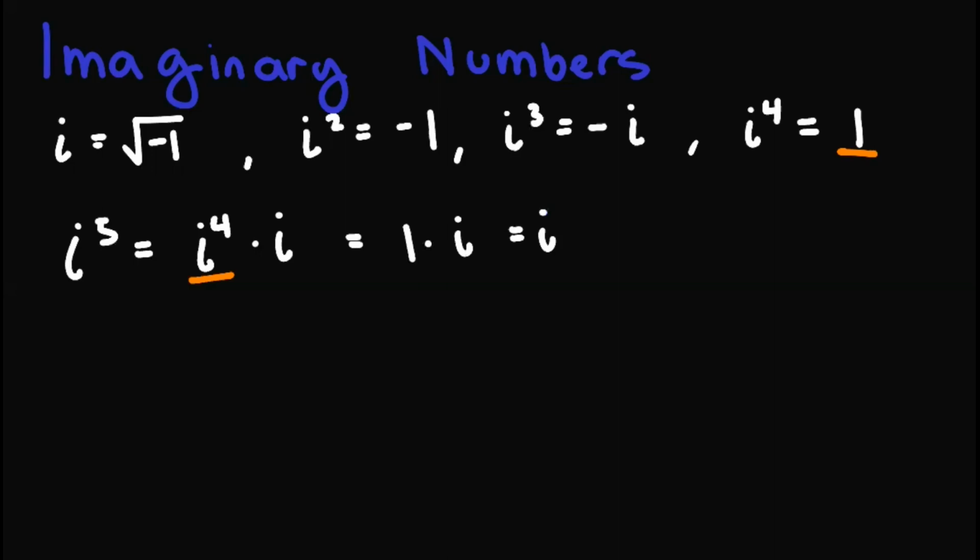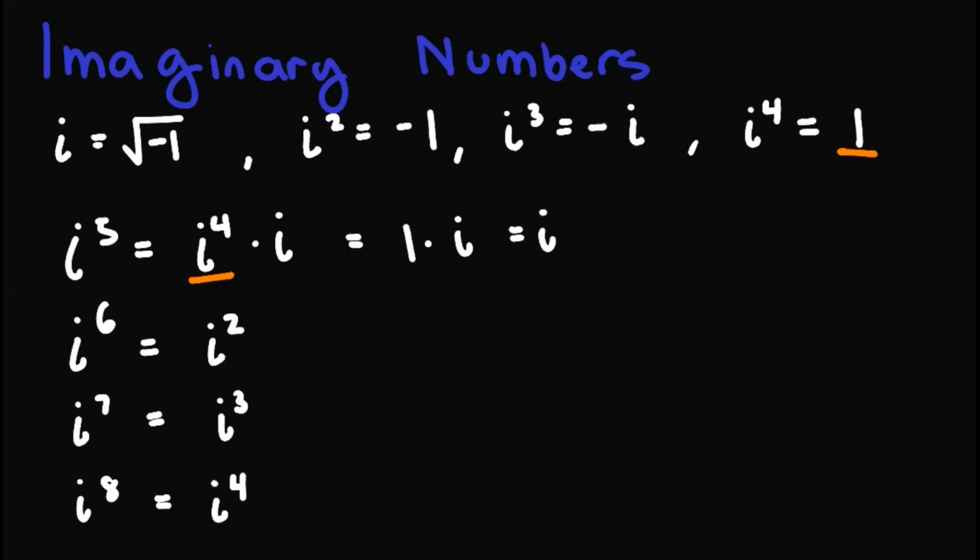And actually, you can verify that i raised to 6, i raised to 7, and i raised to 8 are all the same pattern. i raised to 6 will be equal to i squared. i raised to 7 will be equal to i cubed, and i raised to 8 will be equal to i raised to 4, which we know that i squared is equal to -1, i cubed is equal to -i, and i raised to 4 again is equal to 1.